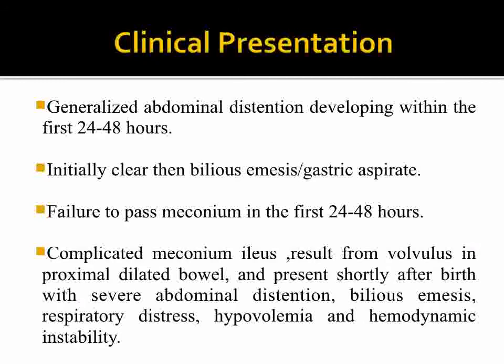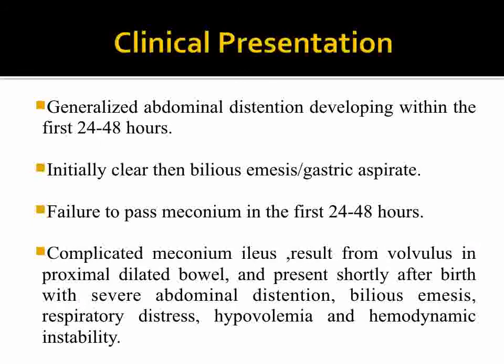This is called simple meconium ileus. In simple meconium ileus, the baby presents with bilious vomiting, marked abdominal distension, and failure to pass meconium. Complicated meconium ileus results from volvulus in the proximal dilated bowel, meaning that the proximal dilated bowel will rotate around its mesentery and produce a volvulus.